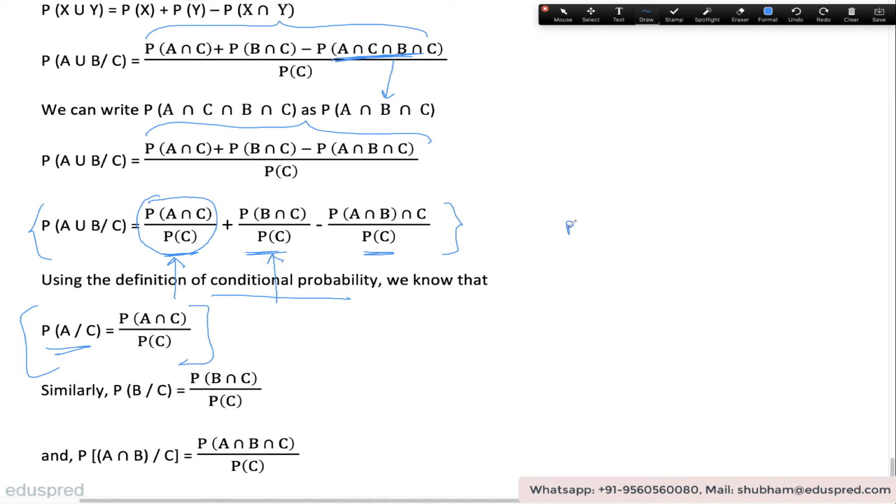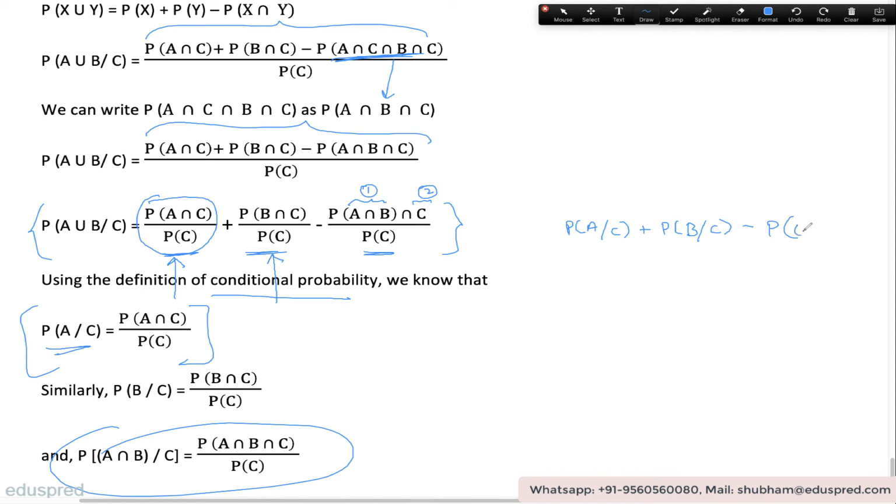So we have probability of A given C plus probability of B given C minus, now what is this last term that we have? Think of this as event number 1, and think of this as event number 2. So this is intersection of event 1 and event 2 divided by the probability of event 2. You can also write this in a conditional probability manner, right? So this is minus probability of event number 1 given that event number 2 has already happened.